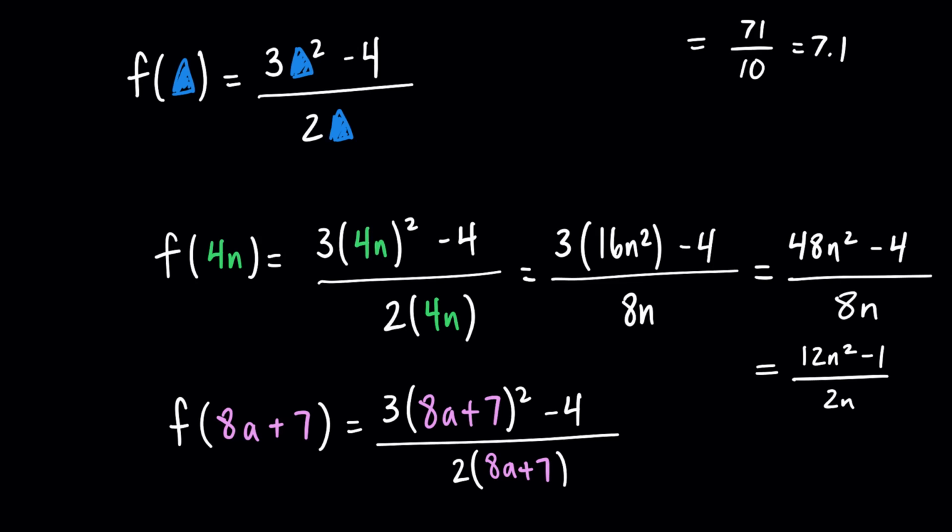I'm going to save the time and energy of actually going through and squaring that, because that's not the whole point of this. I just want to say that this is how you set these up. And if you feel comfortable doing distribution and doing 8a plus 7 squared, like using the FOIL method, some people use that, then you're good to go. You would know how to do this and you'd be able to simplify it. Okay?